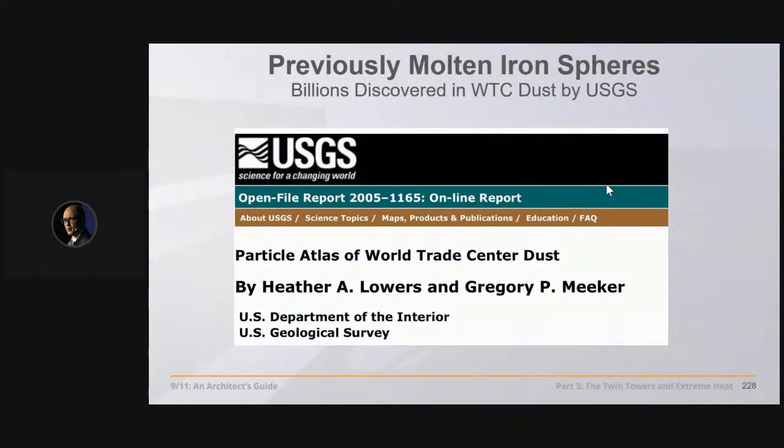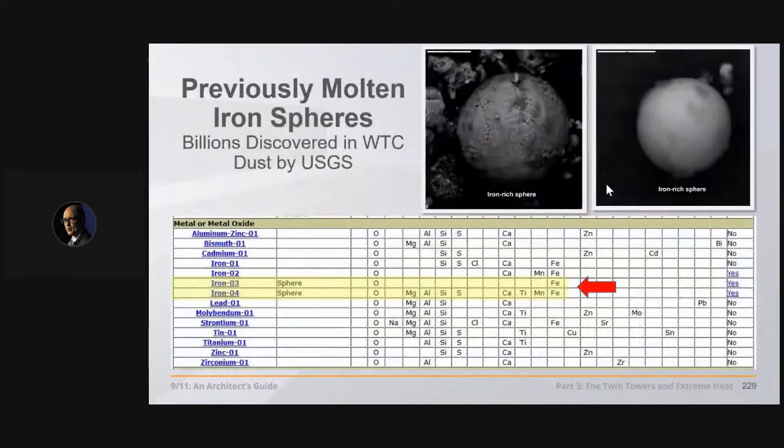The Particle Atlas of World Trade Center dust produced by the U.S. Geological Survey finds billions of previously molten iron microspheres. What are these? They're visible to the human eye almost. You can see them, but some of them are 1/16 of an inch large.